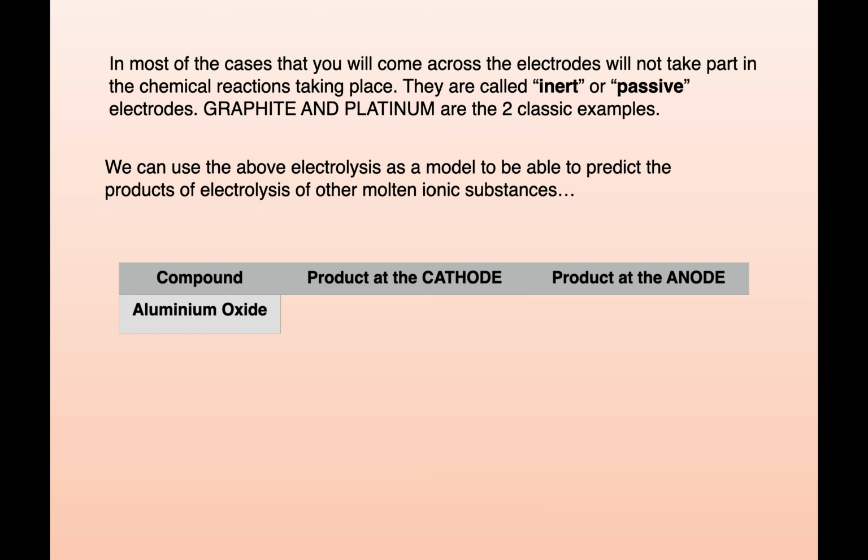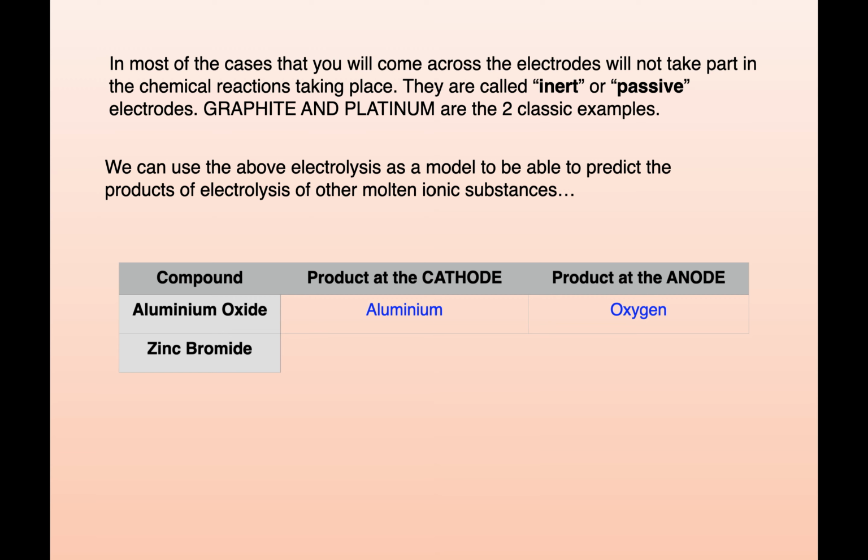So we'll start with aluminium oxide. Aluminium oxide is going to break up to form aluminium and oxygen. Which of those two will be formed at the cathode? Well, the cathode is negative, so which is the positively charged ion here? The aluminium. So you'll get aluminium metal at the cathode, and at the anode you'll get oxygen gas. Those are the products.